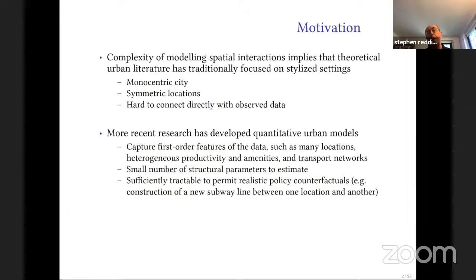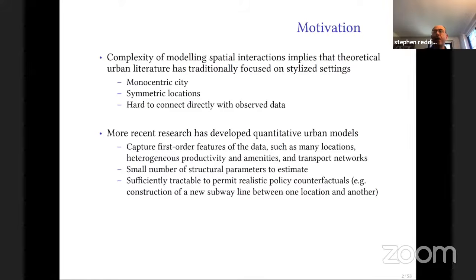That inspired a more recent wave of research, which has tried to develop quantitative urban models, which are rich enough to capture first-order features of the data, such as the many locations we typically have in data sets, which might have heterogeneous productivity and amenities and might be connected by a rich transport network. These models are designed to directly connect with the objects that we see in the data.